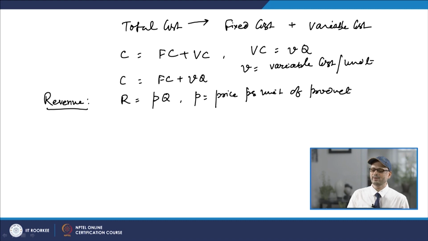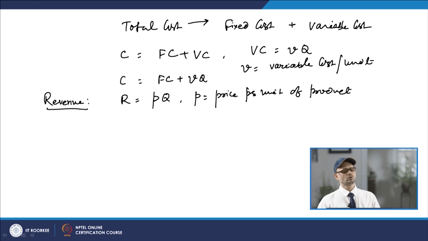Now, depending upon the revenue and the total cost, you will have a stage of either profit or loss. So, profit will be basically the revenue which is generated minus the total cost.